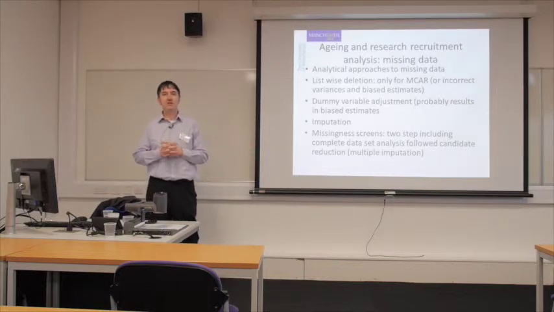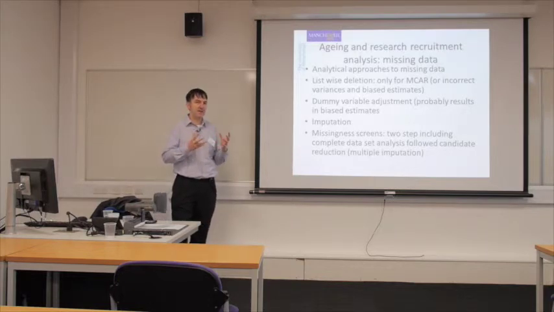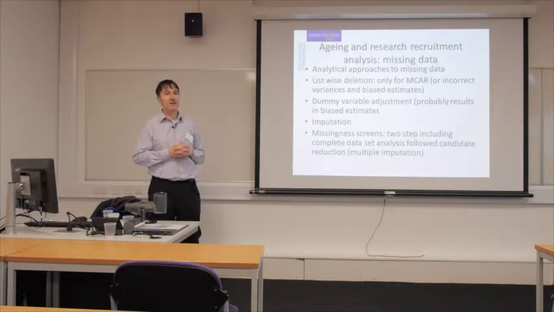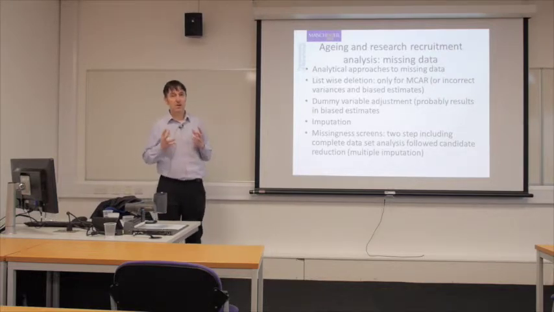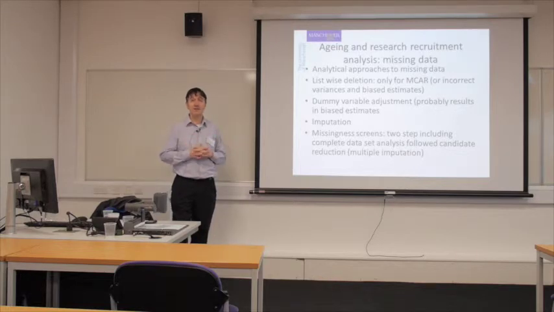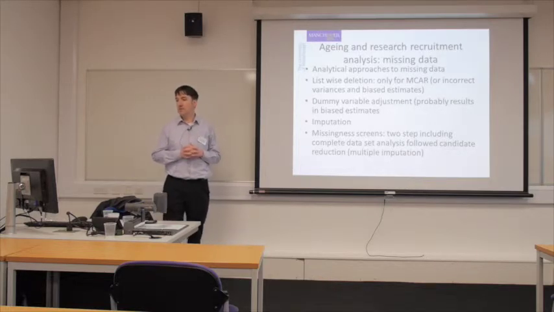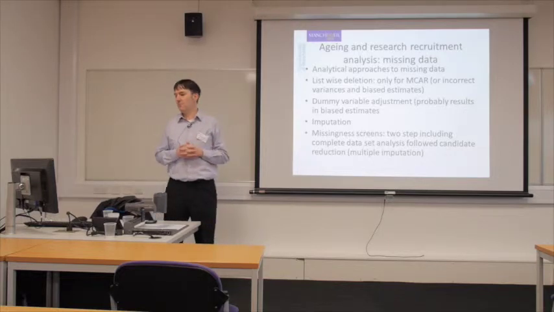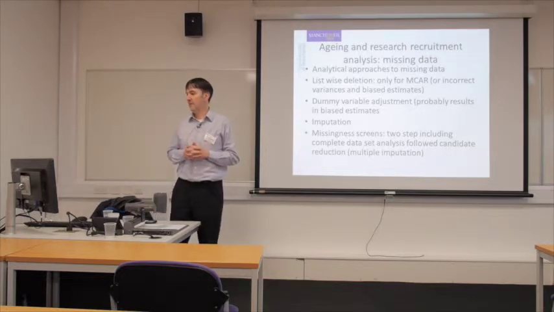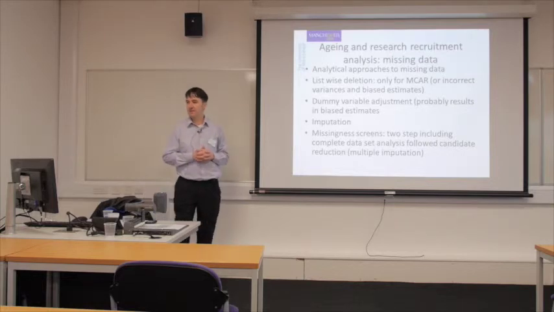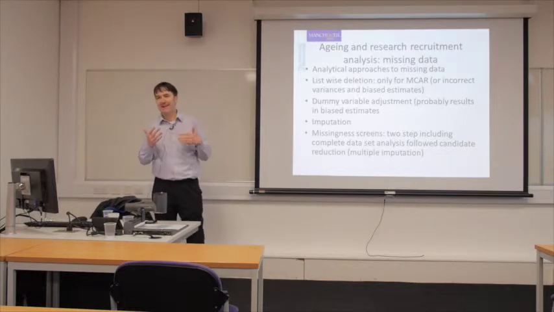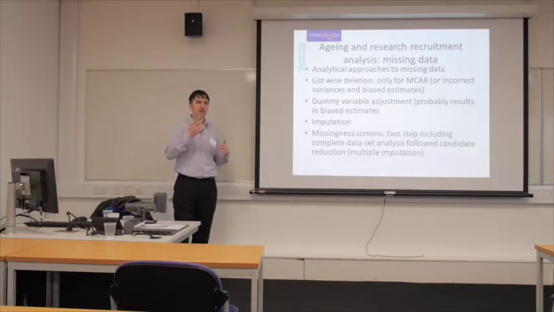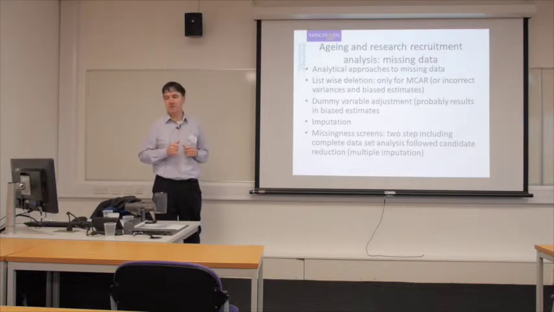But there are even challenges in doing that. You really need to understand the rationale for the missingness to be able to impute, and you've got to have substantial data that will allow you to perform that imputation. And then something that's becoming more popular is to use missingness screens, which is a two-step approach where you do a complete data set analysis, use it to make candidate reduction in your variables, and then introduce multiple imputation.